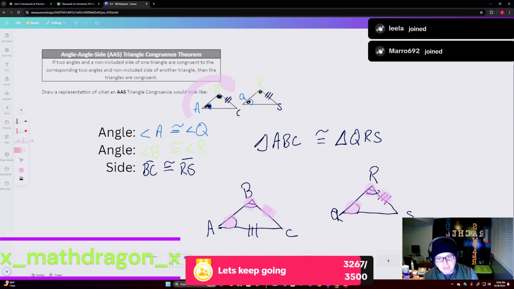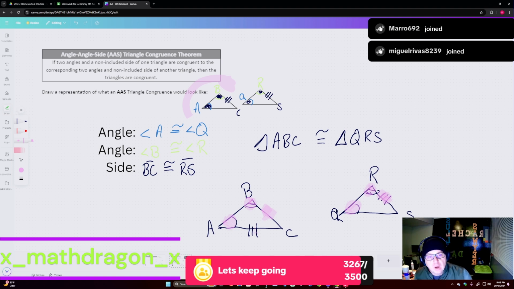This one's going side, angle, angle, which you could say side, angle, angle, but then it better be side, angle, angle. You can't hop a 1 mark to a 2 mark to a 3 mark and go 3 mark, 1 mark, 2 mark. It doesn't work that way.